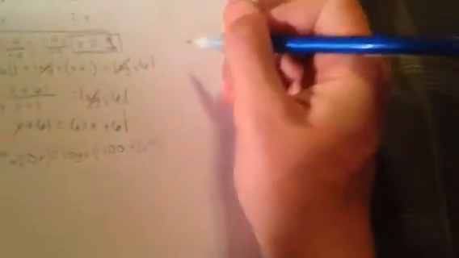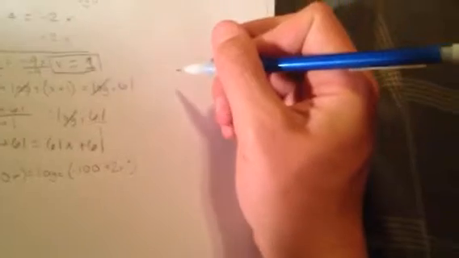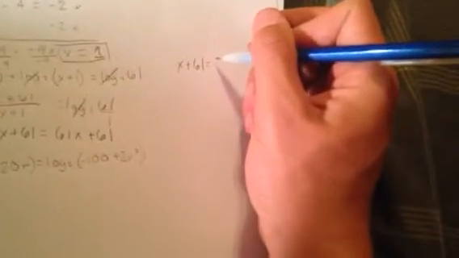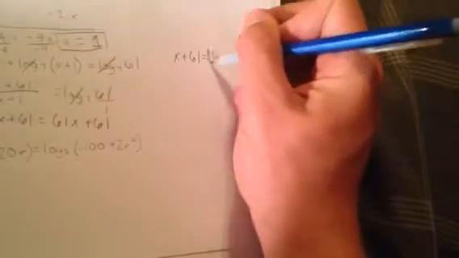And now, it's just another simple algebraic equation. So, let's do it right here to the side, since I'm running out of room. So, it's going to be x plus 61 equals 61, sorry.